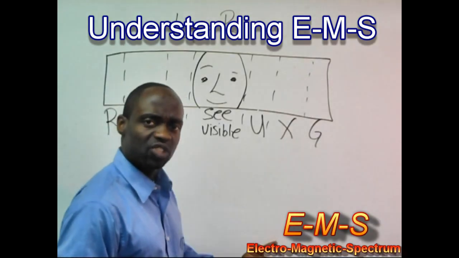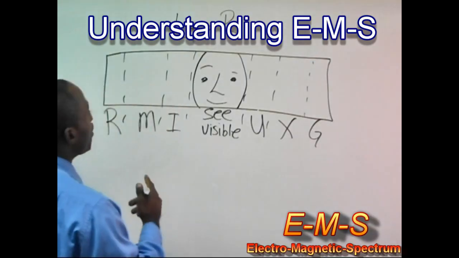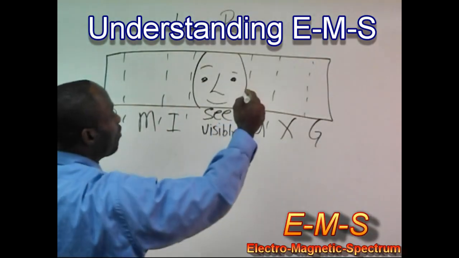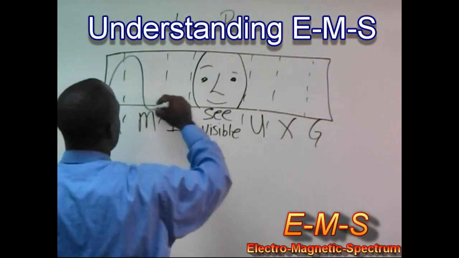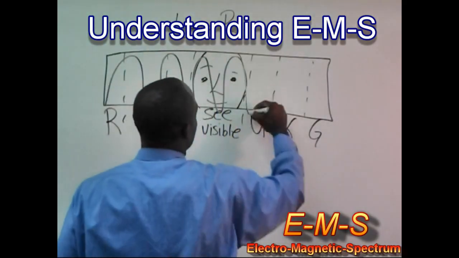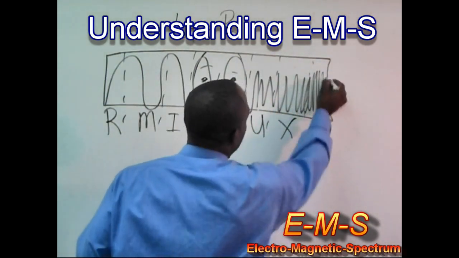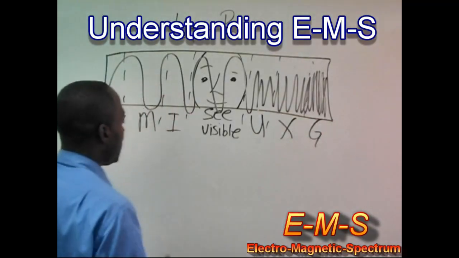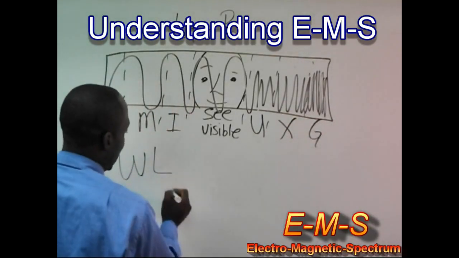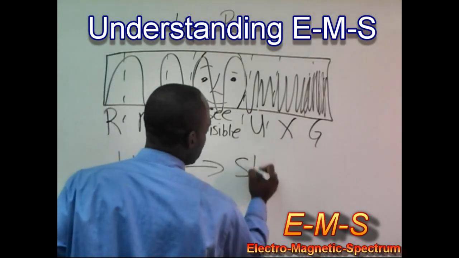That's the basic structure for the actual EM spectrum. Now I'm going to section them off by putting in my wave. My wave is going to look something like that. What we're saying is from left to right, the wavelength gets shorter.